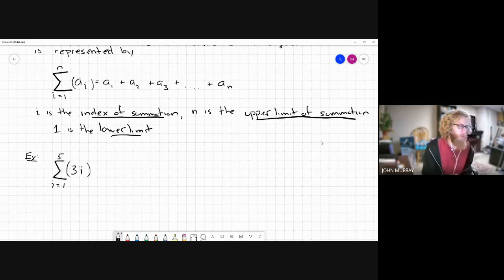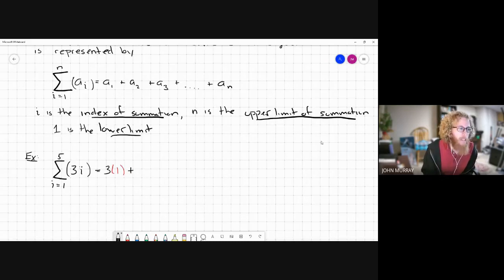Okay, so this one is where we're just going to do a normal sum. So this is the sum from 1 to 5 of 3i. So what this is telling me is I'm going to be adding all the terms where I plug in numbers from 1 to 5 into here. So first I'm going to have 3 times 1. That's the first one.